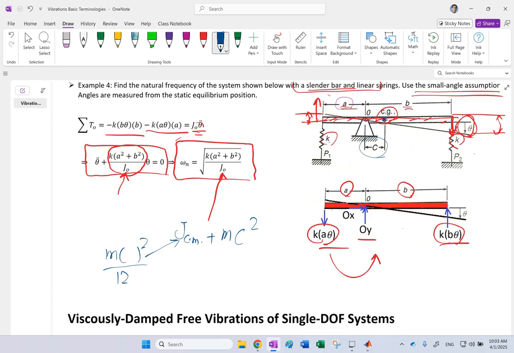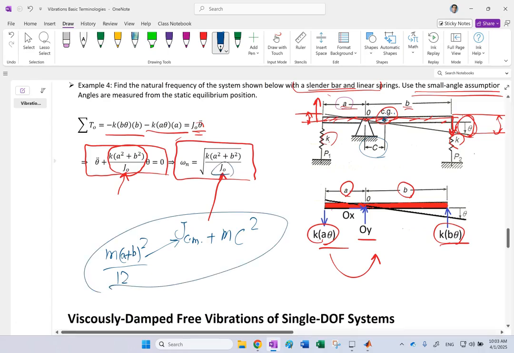The length of this bar is A plus B. So I have to replace that in place of J_O, and that will give me omega n, again assuming the seesaw is a slender bar. If it's not, then J_O has to come from the CAD model of the seesaw.